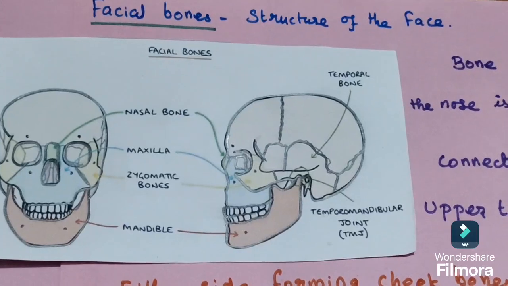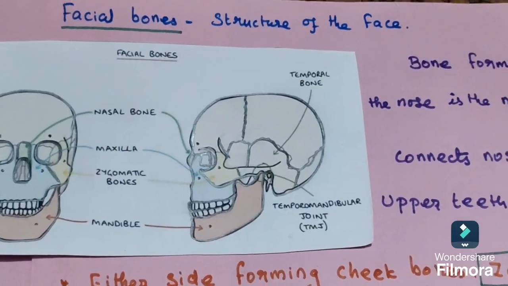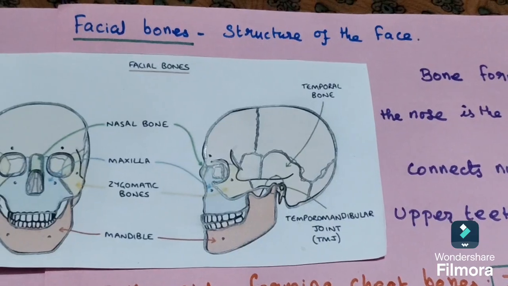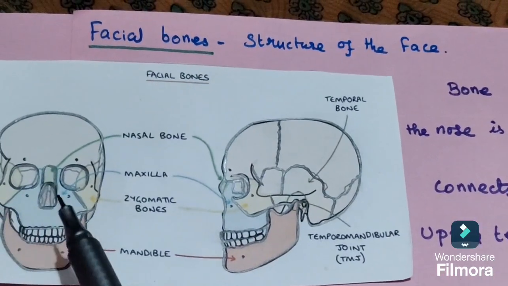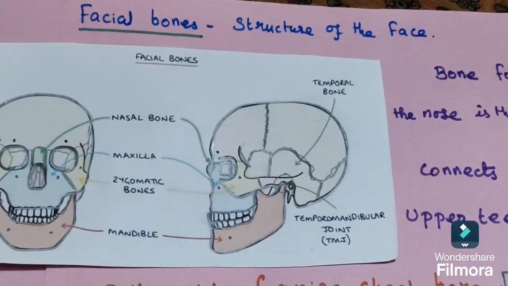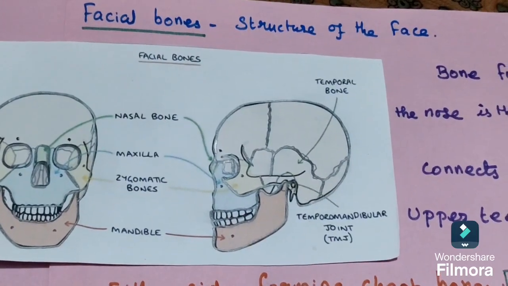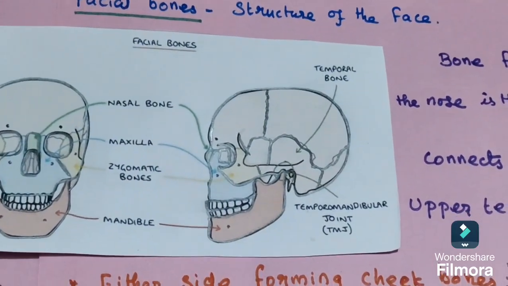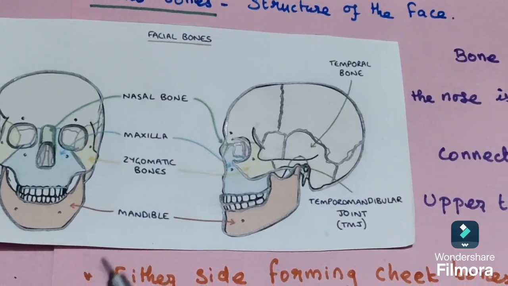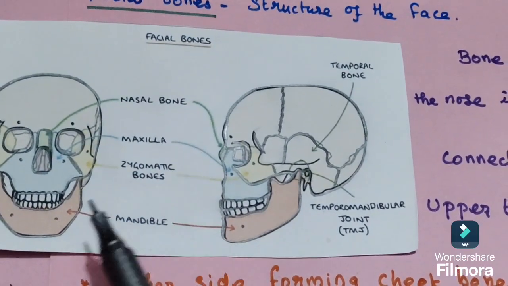The bone that connects the nose, cheekbone and upper teeth is the maxilla. This bone connects to the nasal bone, the cheekbone and the upper teeth, and its name is maxilla.